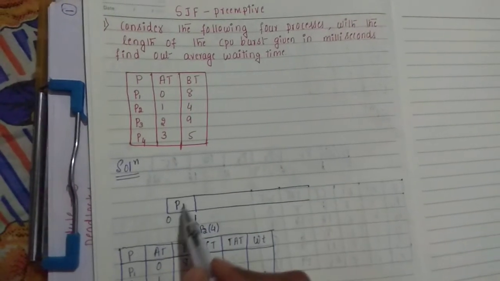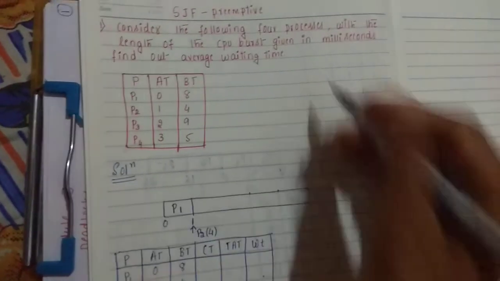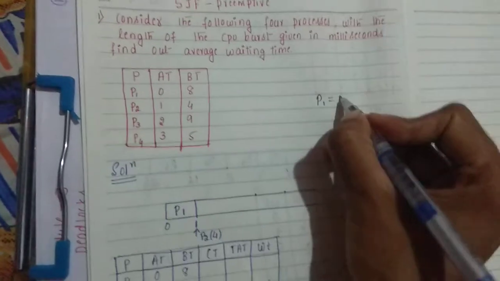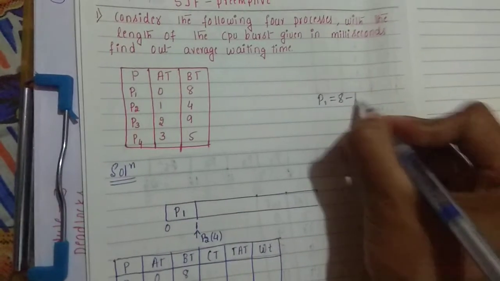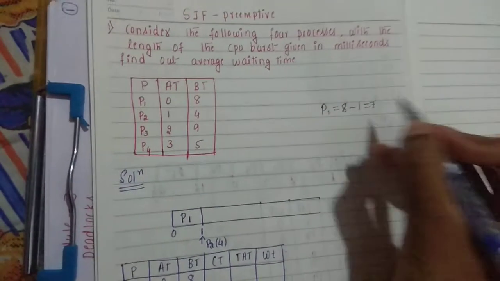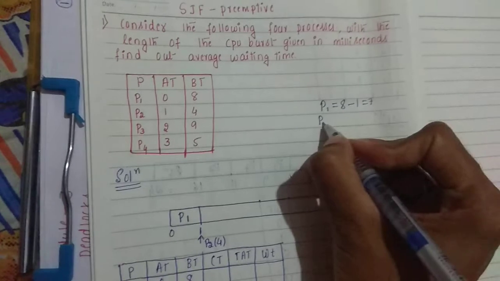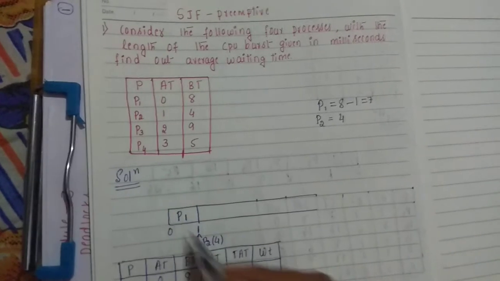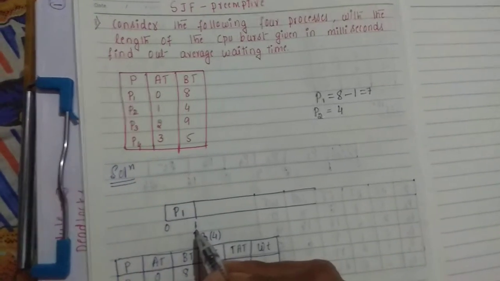You already have process P1 in CPU execution. He has 8 milliseconds, and already he has executed 1 millisecond, so minus 1, that is 7. Now process P2 has 4 milliseconds. Now compare who has the least burst time at 1 millisecond.